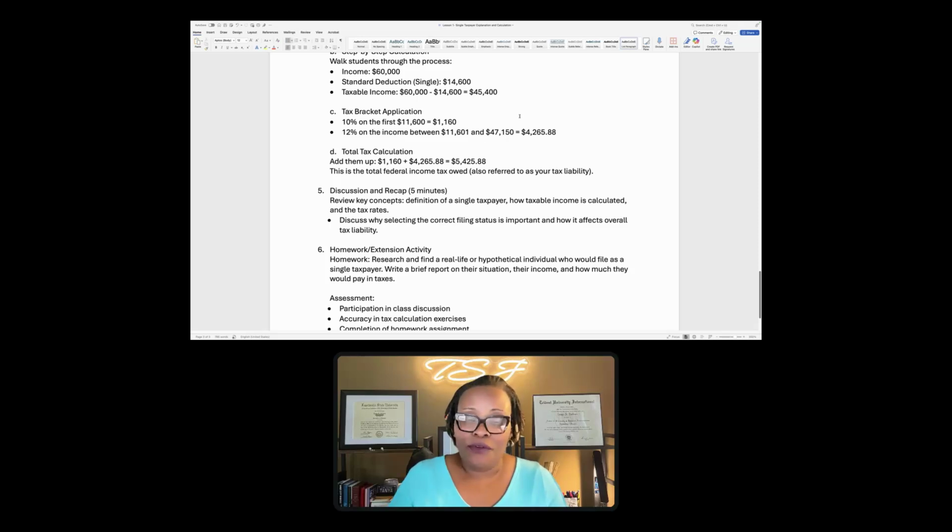This is the total federal income tax owed, and this is also referred to as your tax liability. Okay? So your tax liability, in a nutshell, on that $45,400, which is your taxable income, even though you made 60,000, only 45,400 of it is taxable. And then we just broke out in step C how you're taxed at the various levels of that 45,400. Okay?